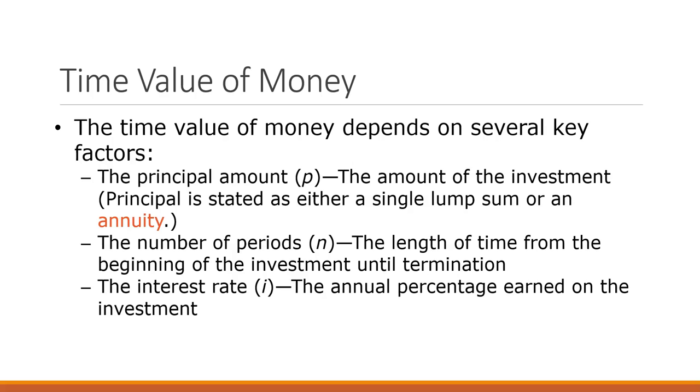Or we can say we're going to buy a building and its total amount is $500,000, but we're going to pay that off over a 15 or 20-year period by paying the same amount every year. That second example would be an annuity. Next, what are the number of periods?